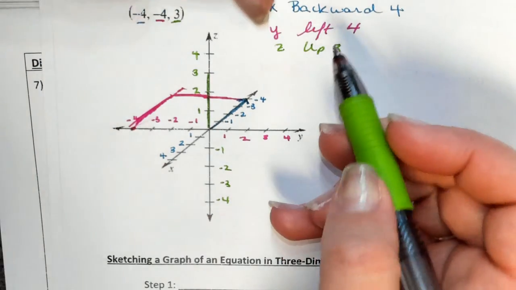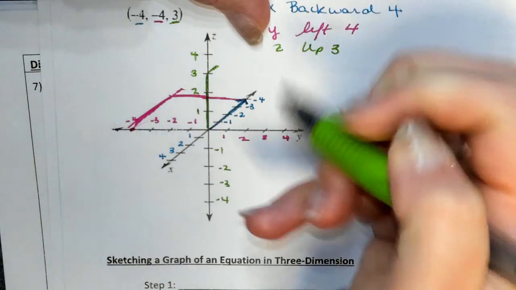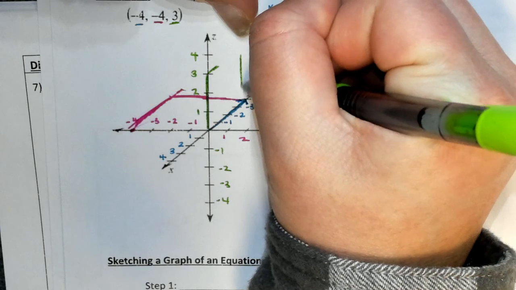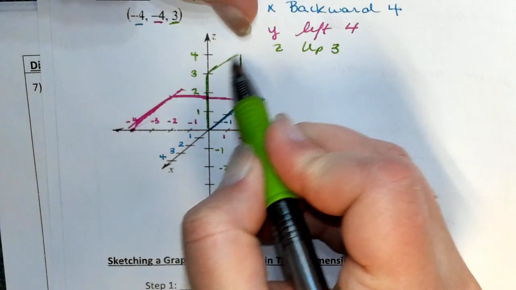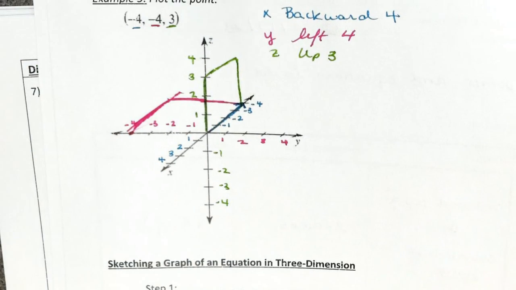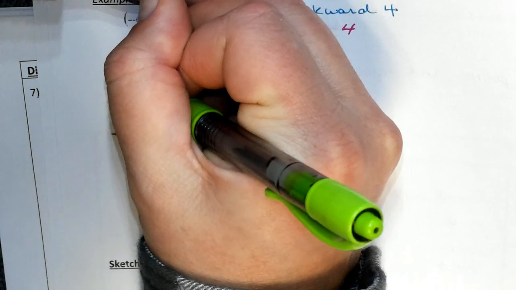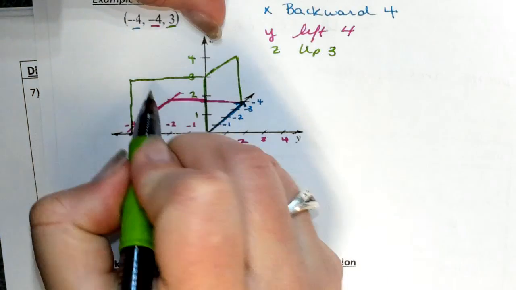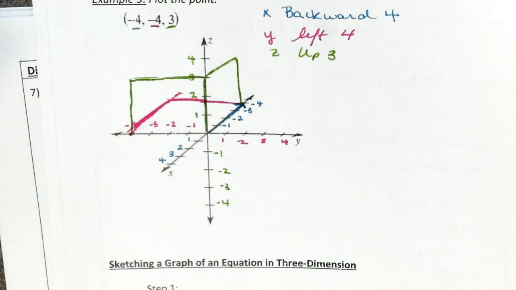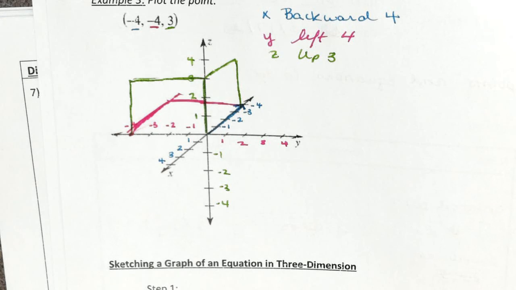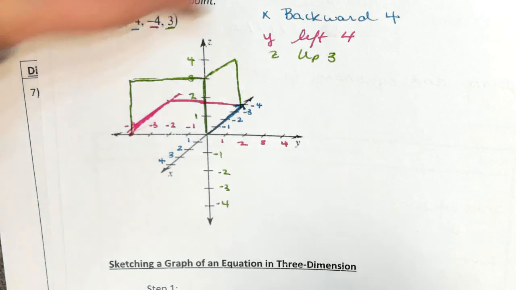And then you can draw in the rest of your parallelograms here, creating that box. So there's the side of our box. Okay. This front rectangle is going to be the front of our box. Okay.